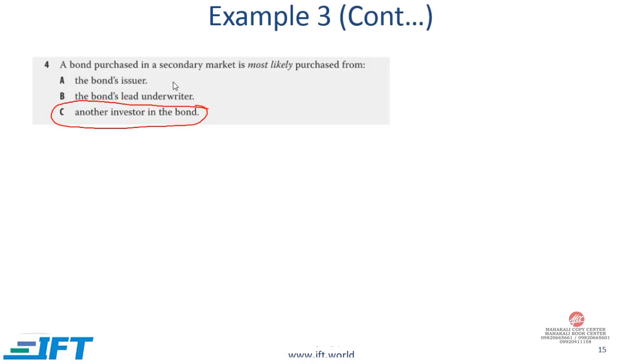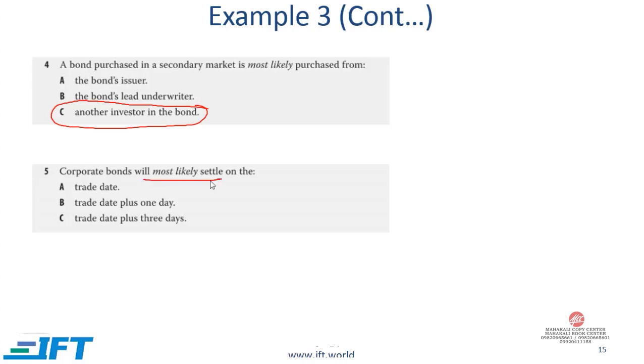And just to make sure you understand this, in the primary market we talked about different methods. If we have a best effort offering, then the investment bank is simply a broker and the investor will buy from the issuer. In the case of an underwritten offering, the issuer sells to the underwriter and then the underwriter sells to the investor.